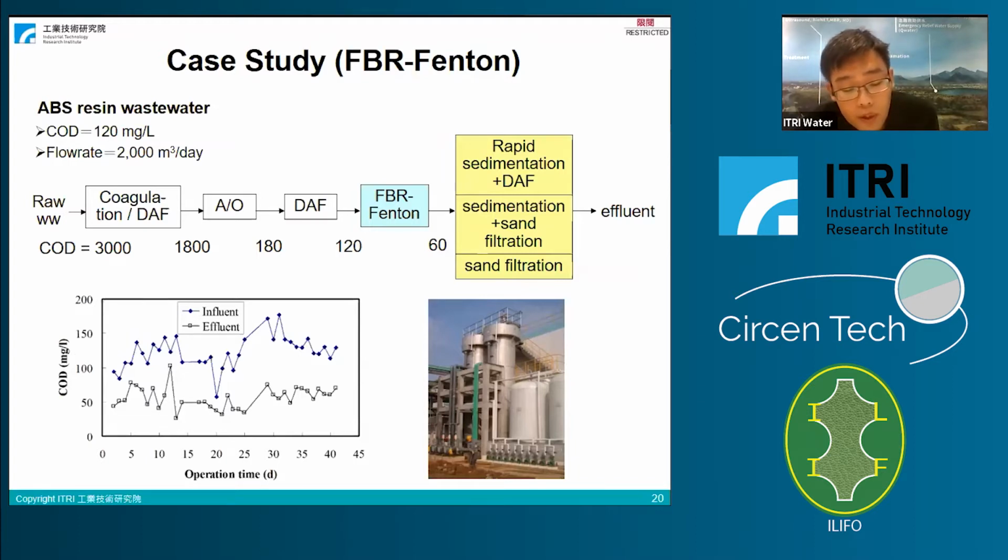In FBR-Fenton unit, the COD of influent are ranging between 100 to 150 milligram per liter. Finally, the COD and the SS of effluent are below 60 milligram per liter and 20 milligram per liter, respectively.